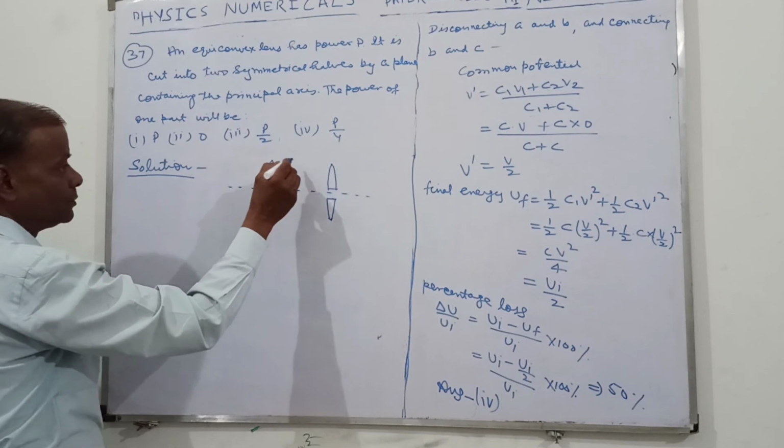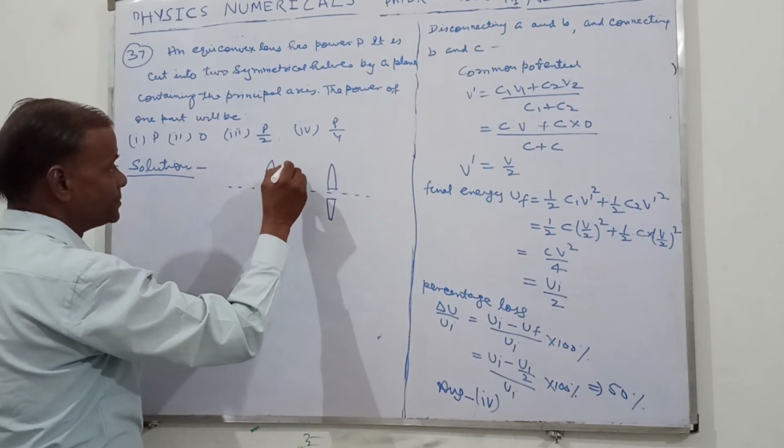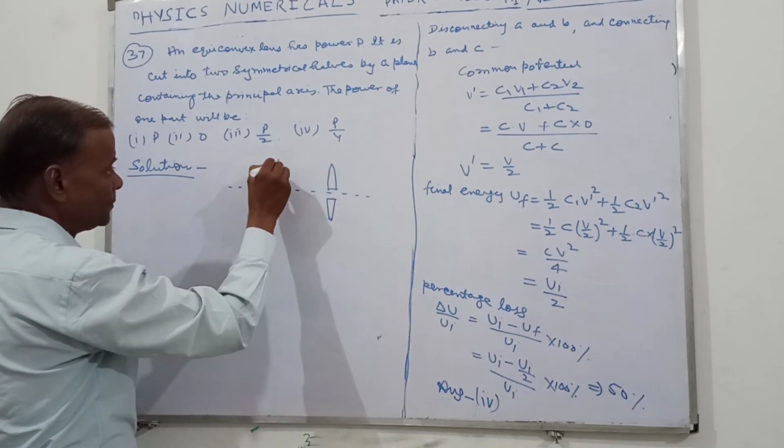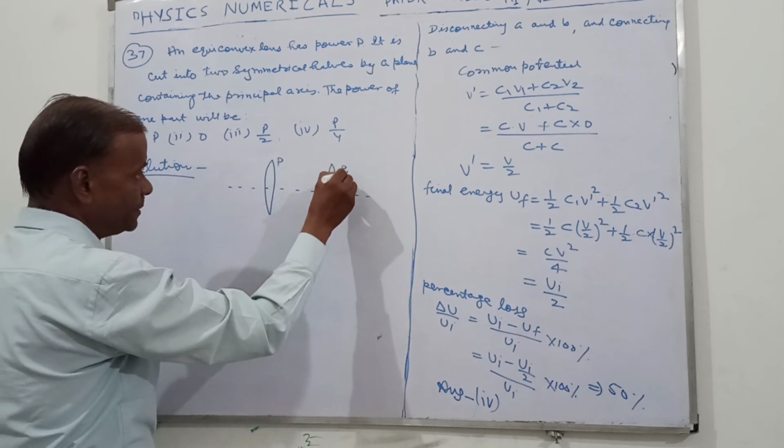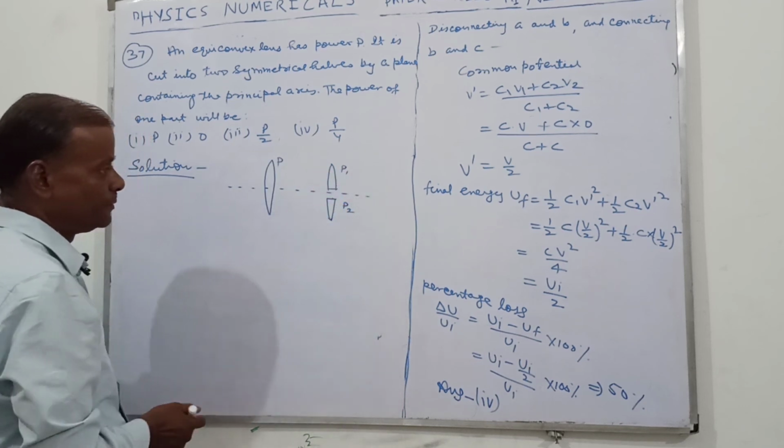Now we have this lens whose power is P, then this power is P1, this power is P2.